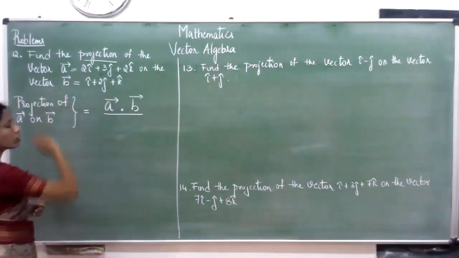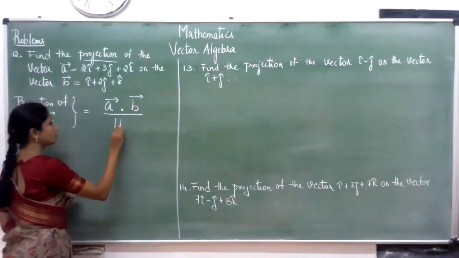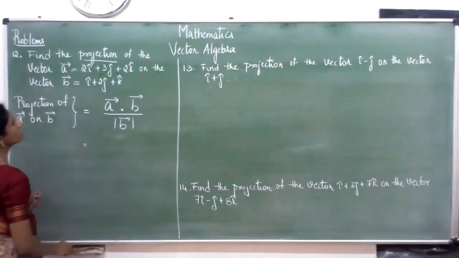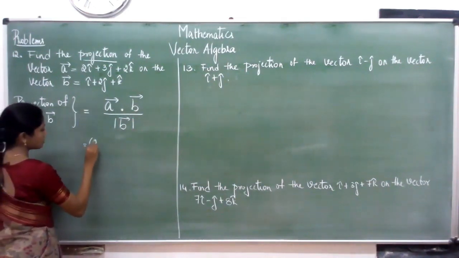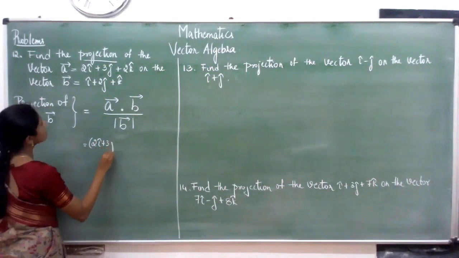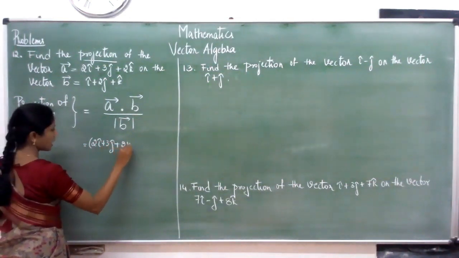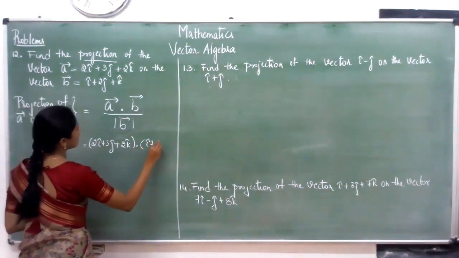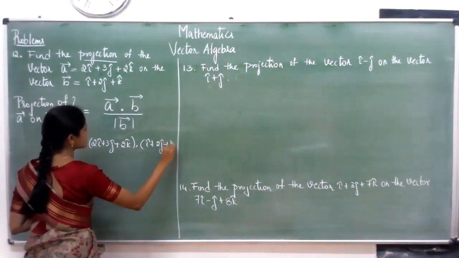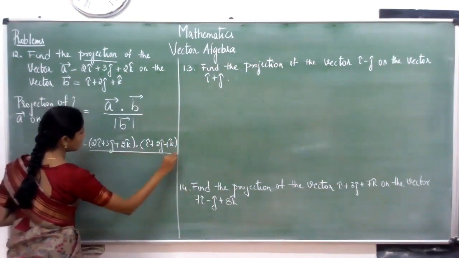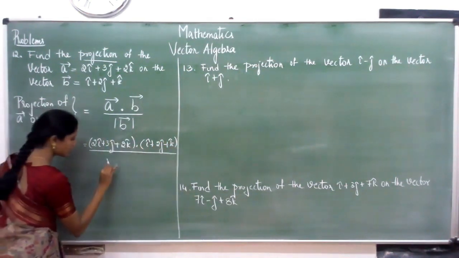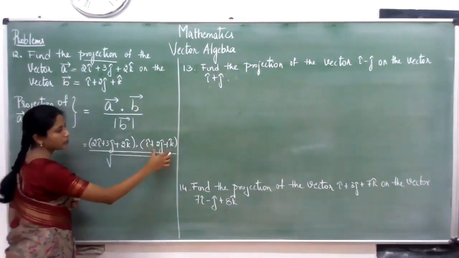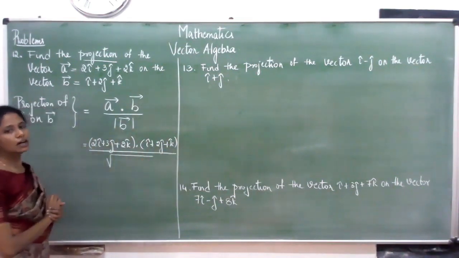Here they have asked for B, so this will be the magnitude of vector B. So this is equal to vector A, which is 2i cap plus 3j cap plus 2k cap, dot vector B, i cap plus 2j cap plus k cap, whole divided by the magnitude of vector B. For only vector B you need to find the magnitude.